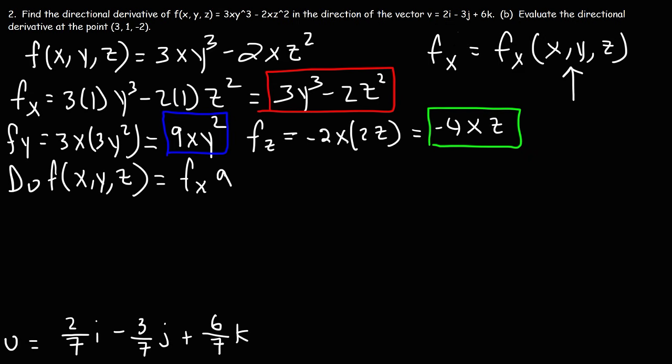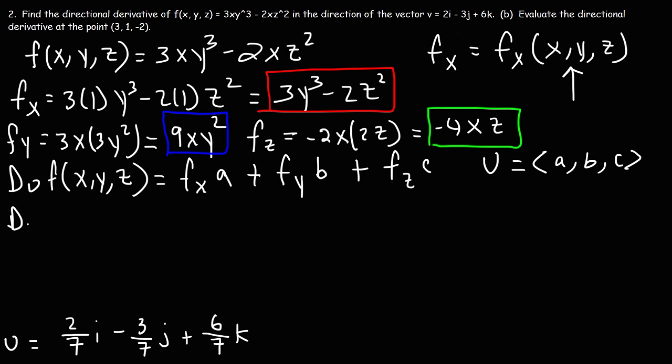Then plus the partial derivative of f with respect to y times b, plus the partial derivative of f with respect to z times c. And a, b, and c come from the unit vector.